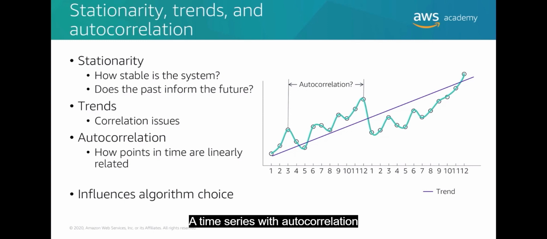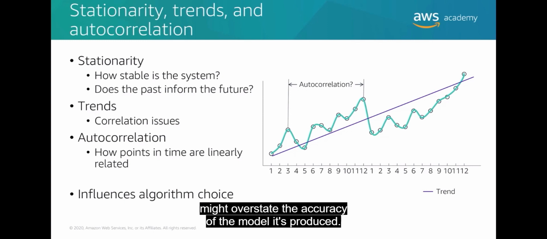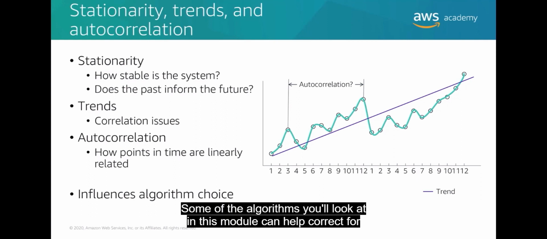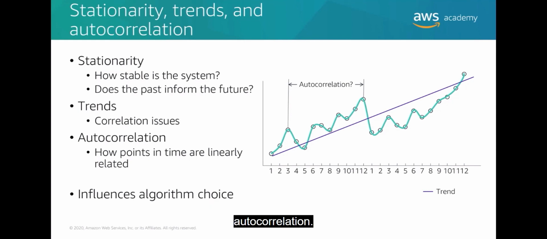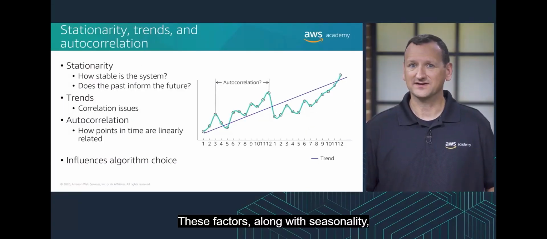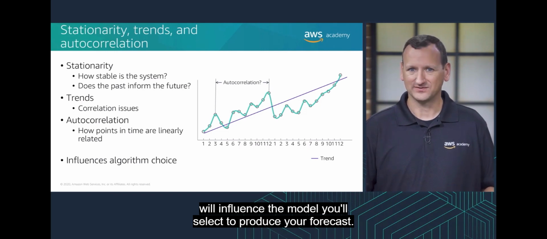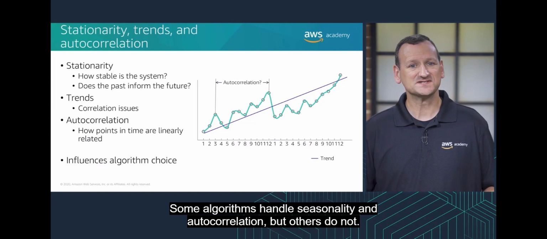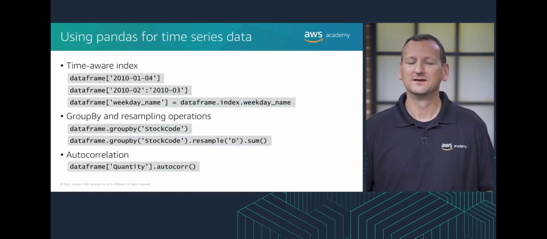A time series with autocorrelation might overstate the accuracy of the model that's produced. Some of the algorithms you'll look at in this module can help correct for autocorrelation. These factors, along with seasonality, will influence the model you'll select to produce your forecast. Some algorithms handle seasonality and autocorrelation, but others do not.